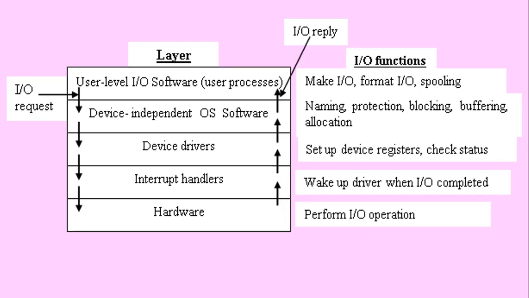It is important to note that the user-level I/O software layer executes various functions, one of which is to make I/O requests, to format I/O, and also to perform spooling tasks. The device-independent OS software layer deals with naming, protection, blocking, buffering, and allocation functions.